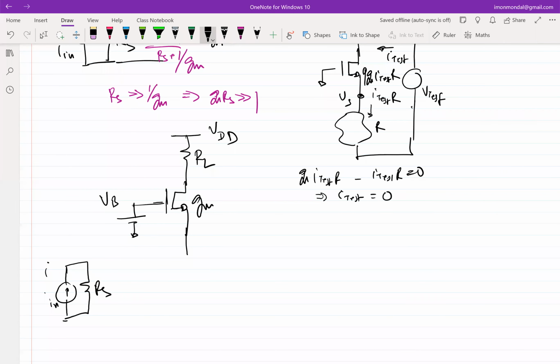Can I ground the source, for example? If I ground the source, some current will flow and it will set up some gm. Correct? But now how do I connect my incremental input to the source? Okay, I use a capacitor. But now where will this incremental current choose to flow? It will choose to flow into the ground. It won't go into the gm.